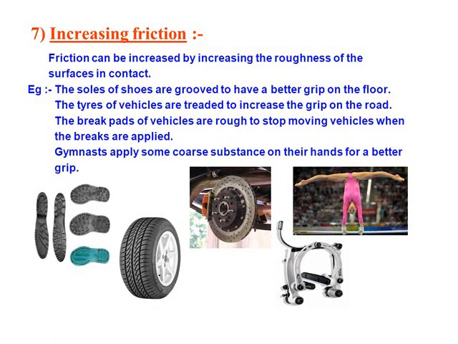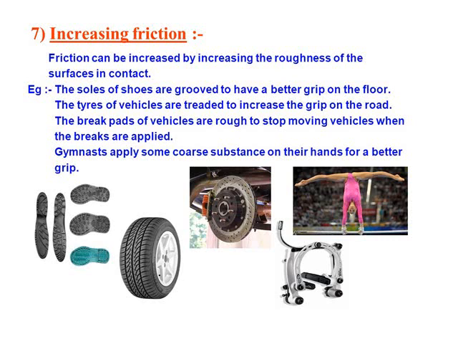Now, let us summarize where friction is increased. Friction can be increased by increasing the roughness of the surface in contact. Examples: the soles of shoes are grooved to have a better grip on the floor. The tires of vehicles are threaded to increase the grip on the road.